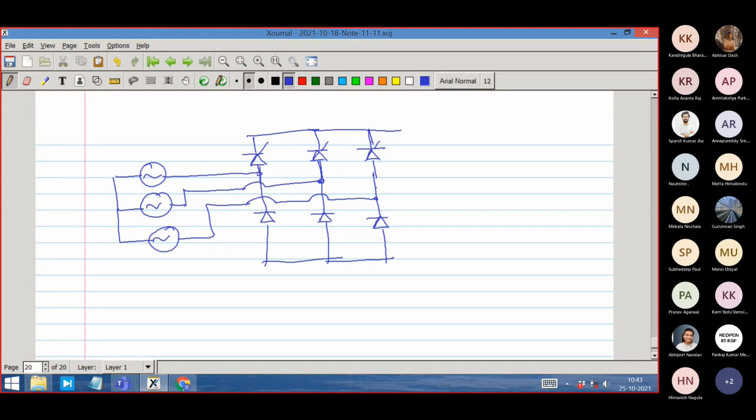Here for 50 Hz we'll get 300 Hz ripple. That means your integration, everything has to be limited within this 60 degree. Your discontinuous conduction mode also has to be within that. Earlier we said alpha and pi plus alpha. Here it is not like that. Here it is within 60 degree. We have to see whether periodicity is happening within 60 degree or not.